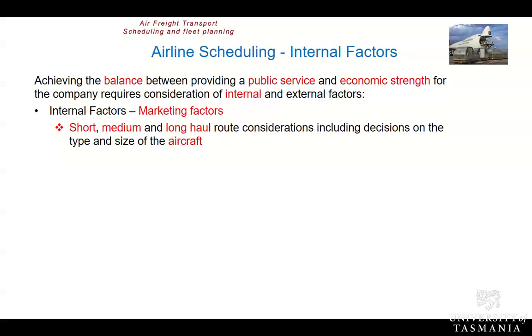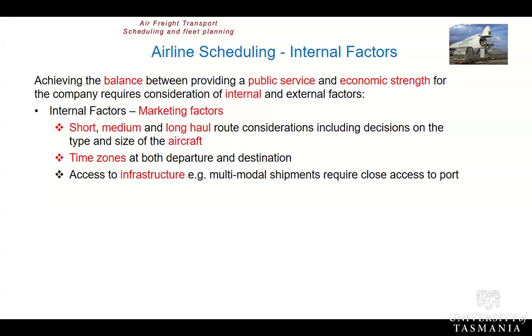So whether it's a short, medium or long haul route is going to impact on the size of the aircraft, the type of the aircraft. Also, I mentioned earlier, time zones are a consideration in regards to decisions about departure and destination times, as well as decisions around this idea of matching up with multimodal shipments.